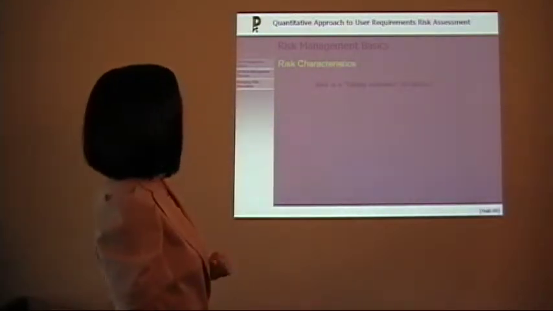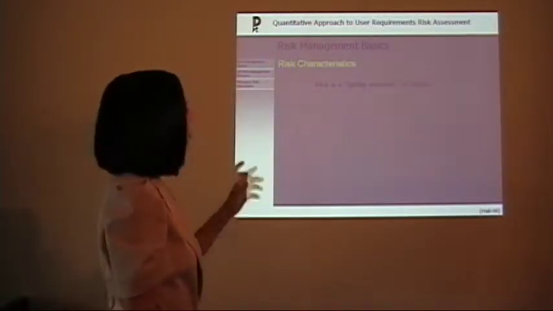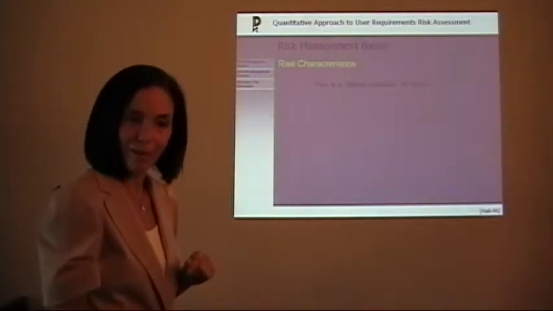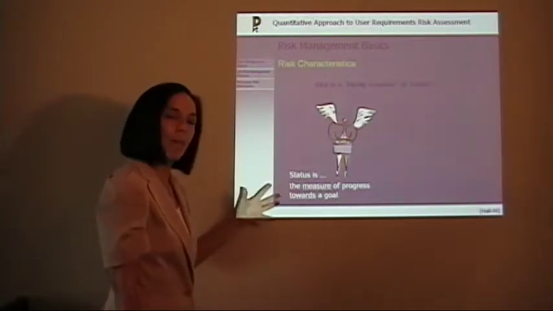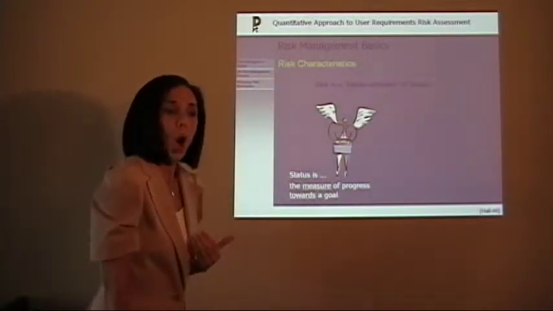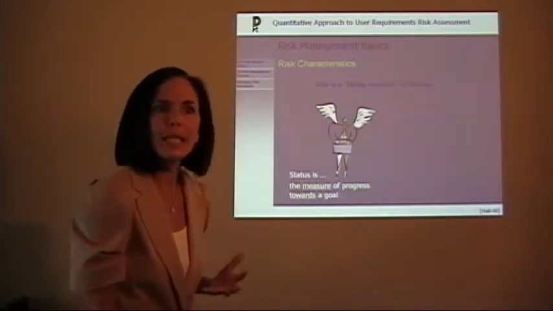So let's continue by looking at some risk characteristics. The first one is that risk is a family member of status. What do we mean by that? Status is the measure of progress towards a goal. When we are in the middle of a software implementation project, we are asked, what is the status?